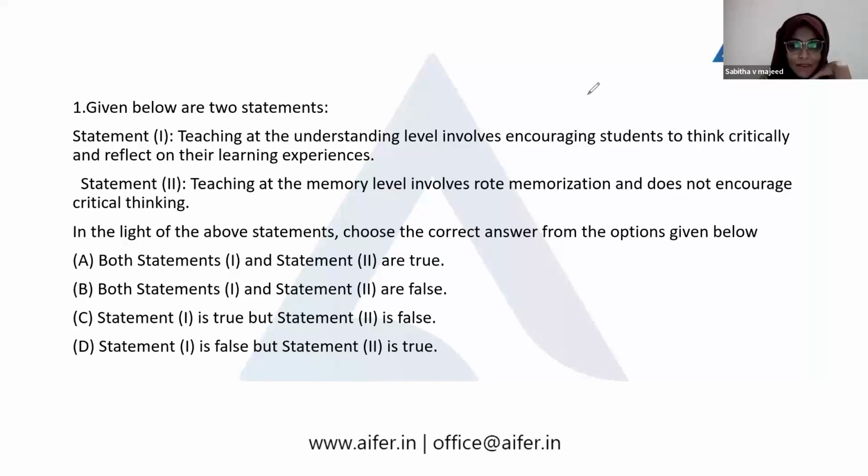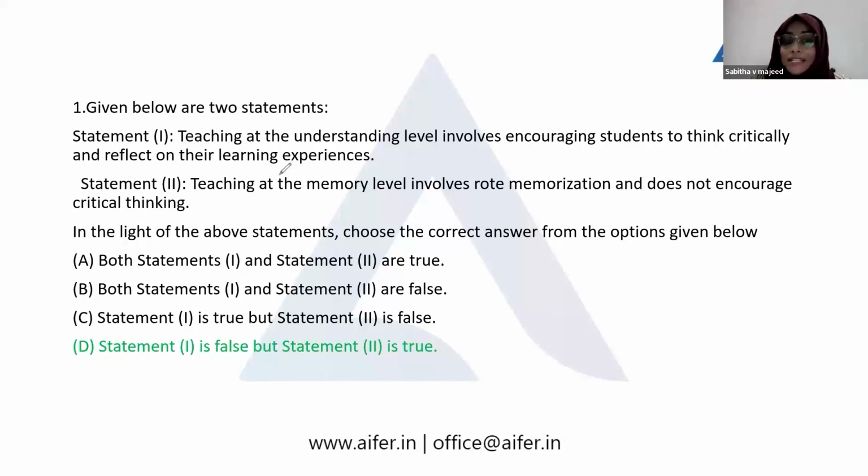The answers are coming. Option A, option D. What will be the correct answer? Okay, the correct answer is option D. Let's discuss. Teaching at the understanding level involves encouraging students to think critically.